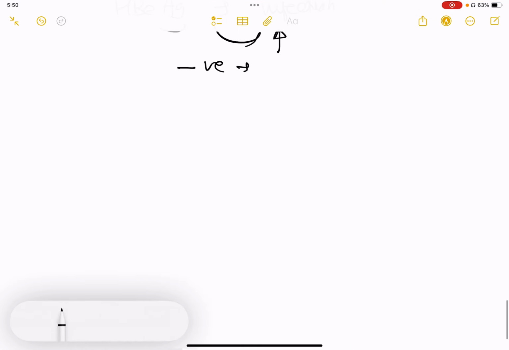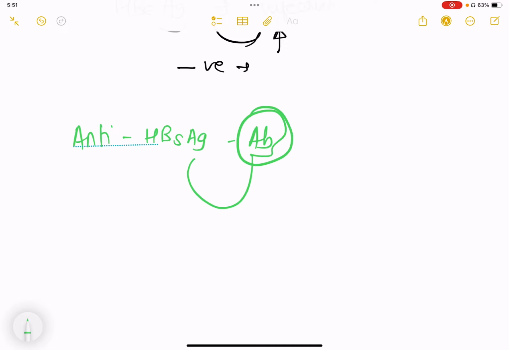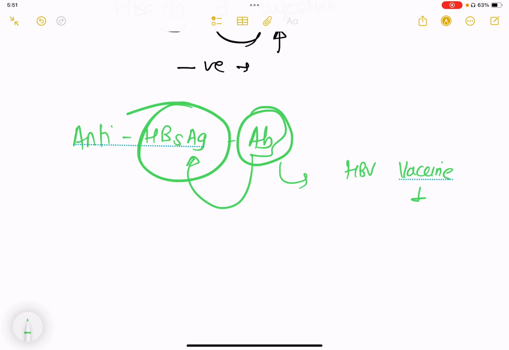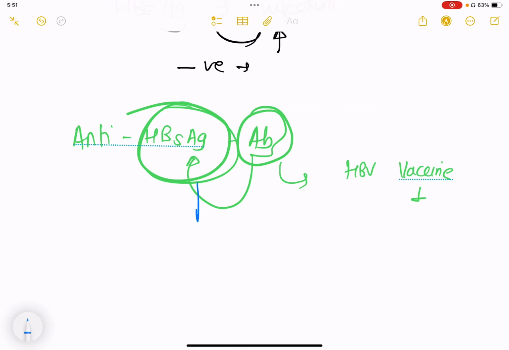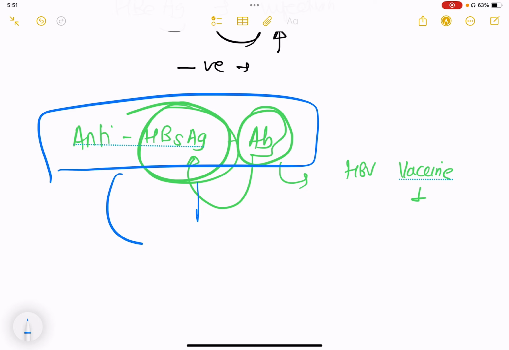The only last thing which is remaining is, if the patient has only anti-hepatitis B surface antigen antibody, that is the antibody against this antigen, this is the state which follows hepatitis B virus vaccine immunization. Someone gets the hepatitis B vaccine. In that, what we give is the surface antigen. Against this surface antigen, antibodies are developed, which are anti-hepatitis B surface antigen antibodies.